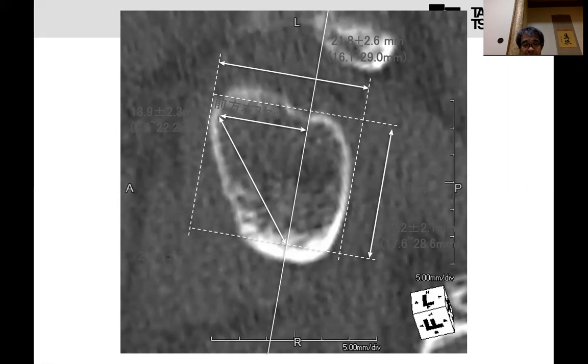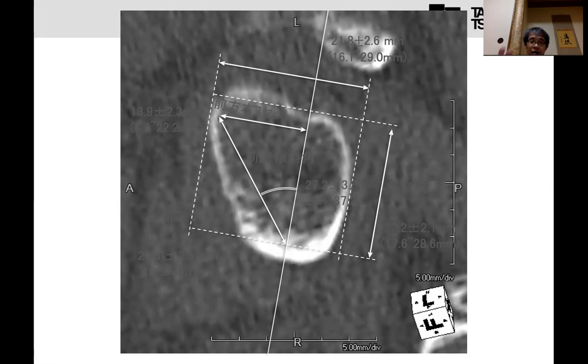So if we insert the screw distal and superior anterior, the length can be maximum. This angle is around 27 degrees, and this length is maybe 24 millimeters.